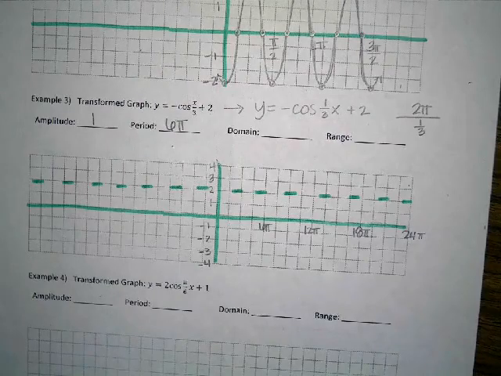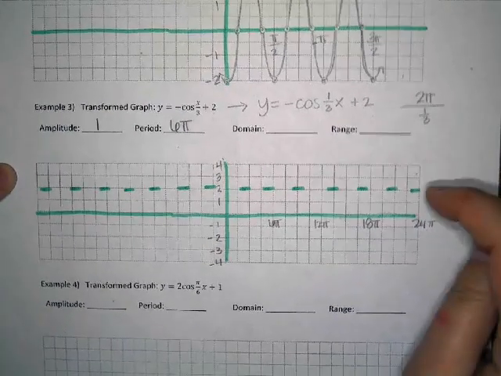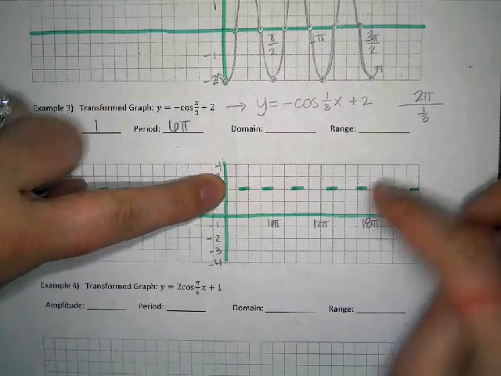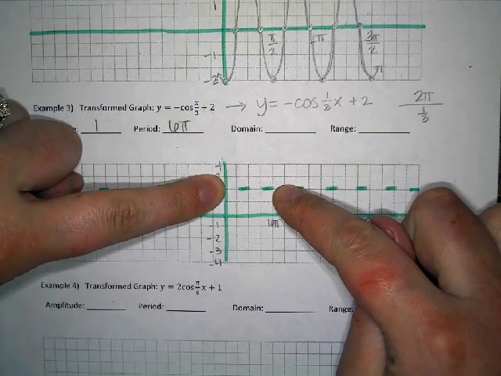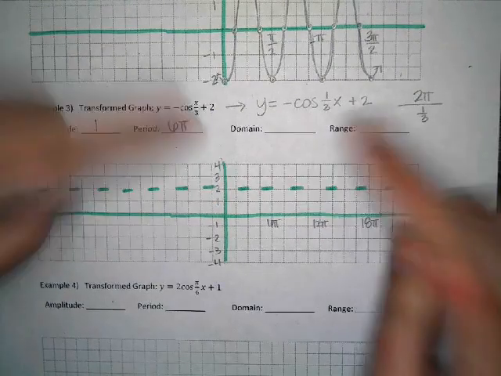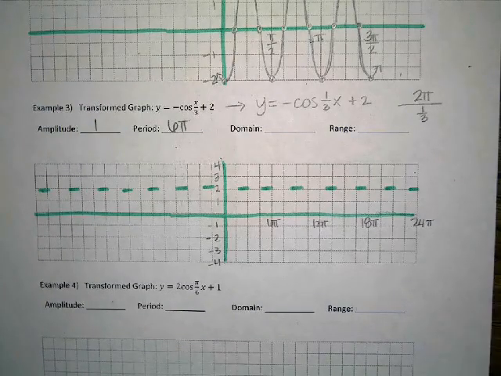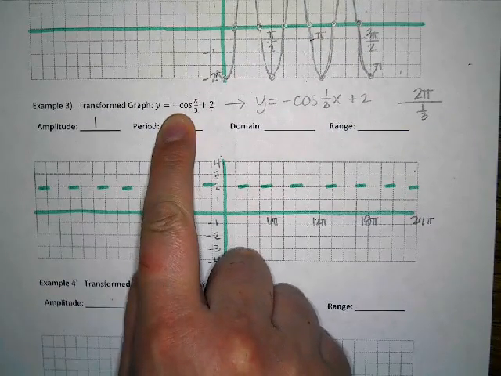So to graph the cos graph, are we starting at the midline, ending at the midline, or are we starting above or below the midline, ending above or below the midline? Above or below, because we're doing a cos graph. Now this is a negative cos graph, so should we be above the midline by 1 or below the midline by 1? We should be below the midline by 1.